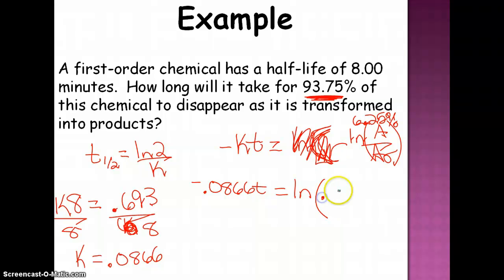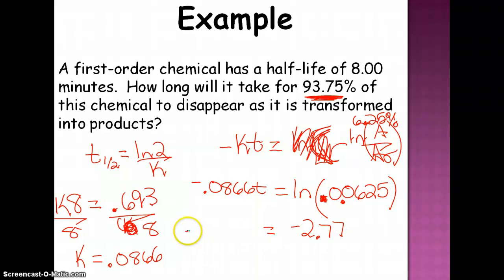So we need to get that into decimal form. Should have only moved it right there. So 0.0625. We need to natural log that side first. So natural log of 0.0625 gives you negative 2.77.